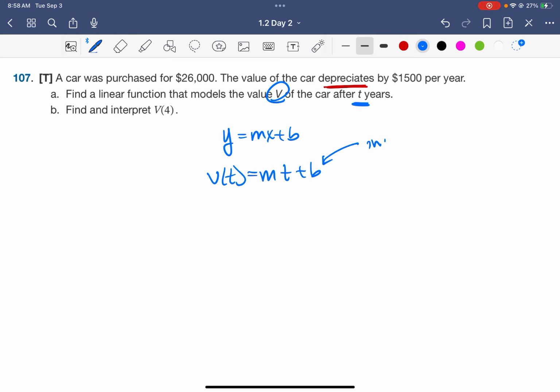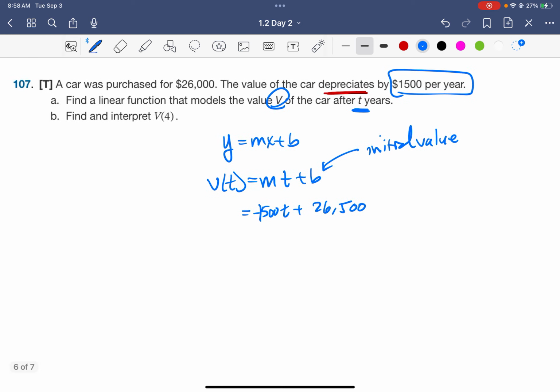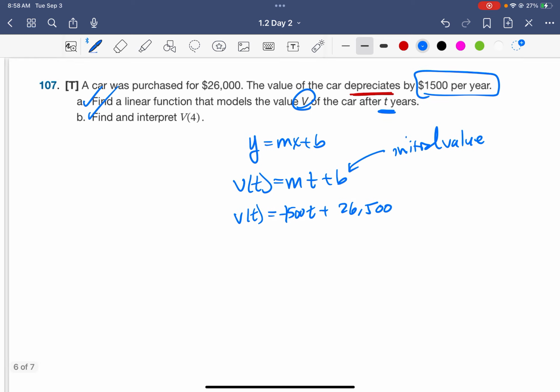You know that b is our initial value. So if it started off at 26,500 and it depreciates at 1,500 per year, I subtract 1,500 every year. It looks like that. So that's our linear function.